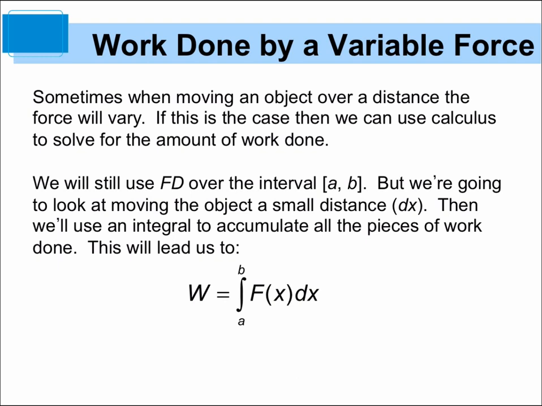Sometimes that piece will be a sliver of water, sometimes a chunk of an object that we're lifting, depending on the scenario. But we're going to split it into a small piece, and then use the integral as an accumulator, like we always do, to add up all that work. So we calculate the work on one sliver, use the integral to accumulate all that work, and then we get the final work.